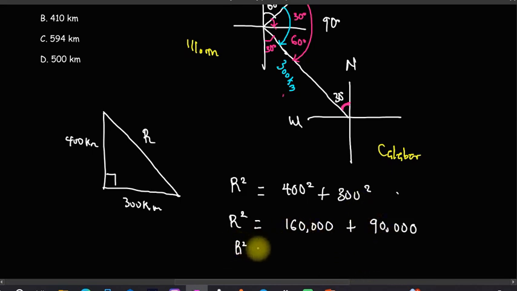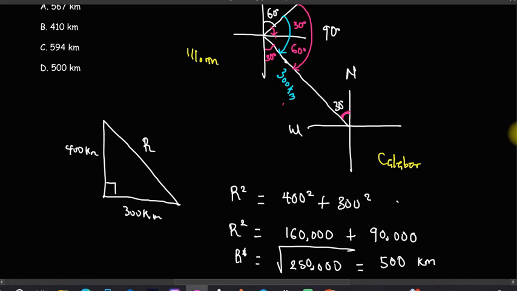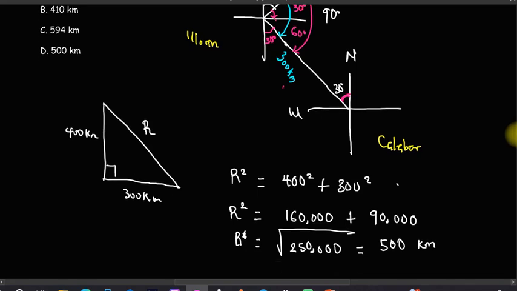Adding them both, we're going to end up with the square root of 250,000. Square root of 250,000 is 500 kilometers. Yeah, okay. So that's 500 kilometers, and as you can see, that's our answer, option D.